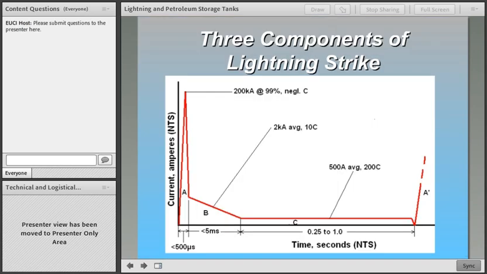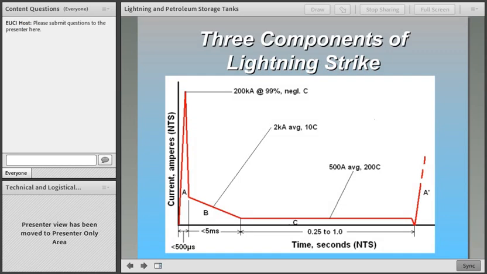Here are the three components shown not to scale, but what we're trying to illustrate is that the peak current occurs in component A. Component A on the left is very brief. In this illustration, it's about 500 microseconds. It's very brief, but it contains the peak current and a negligible amount of charge.